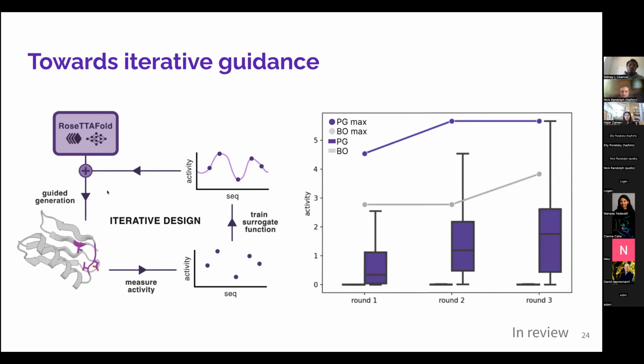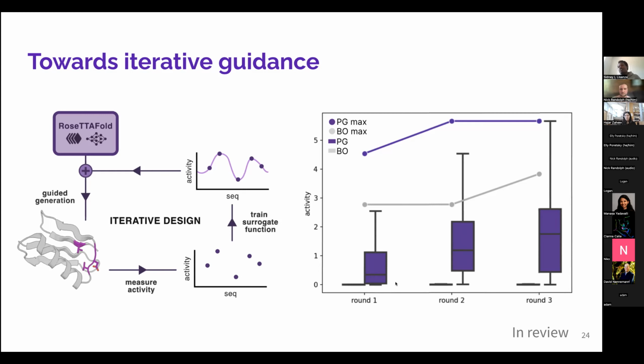We actually do that, and we see that activity does increase. Our model is shown here in purple. In round 1, activity tends to be low, but with each successive round the mean activity increases, which is super promising to see. Especially, we're doing way better than the Bayesian optimization baseline shown in gray here.